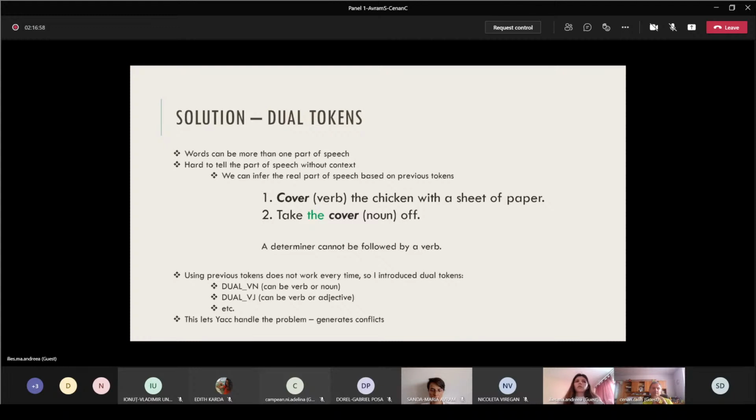But this does not always work because these rules are pretty limited and based on observations. And I used these tokens, dual VM, VJ, for different pairs. They went directly to YACC, where YACC uses its conflict resolution to see if it's actually one part of speech or the other.